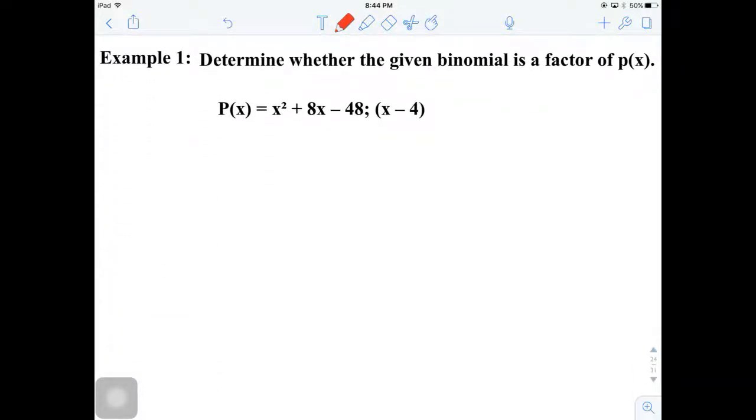Let's take a look at example 1, so we can look further into these two theorems that we just reviewed. Here the polynomial coefficients are 1, 8, and negative 48, and the factor is x minus 4, but the zero is actually x equals 4.